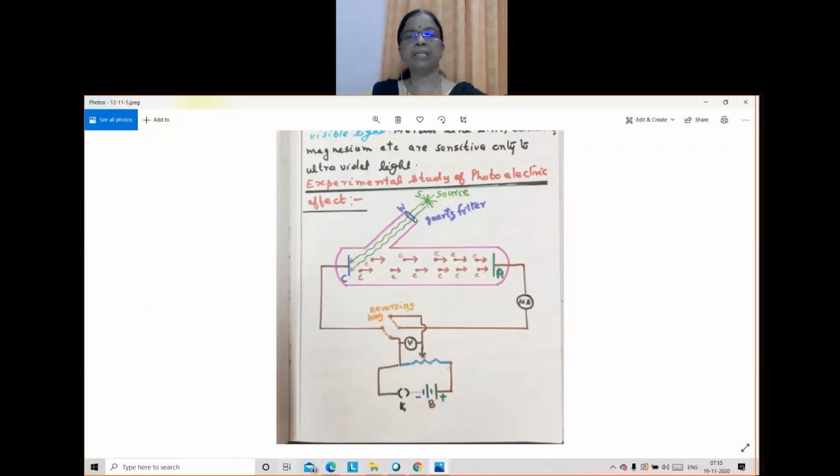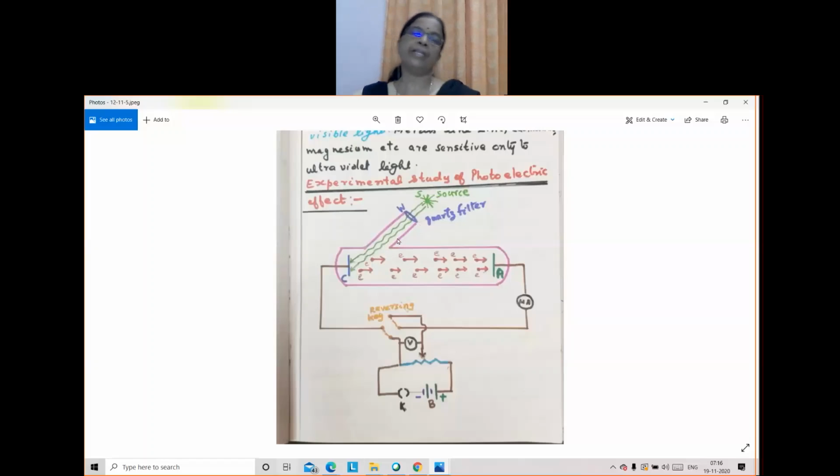What is the meaning of increasing intensity? More intense light means more photons are incident. When more photons are incident, one photon can eject one electron. So, more photons incident can eject more electrons. So, what happens?